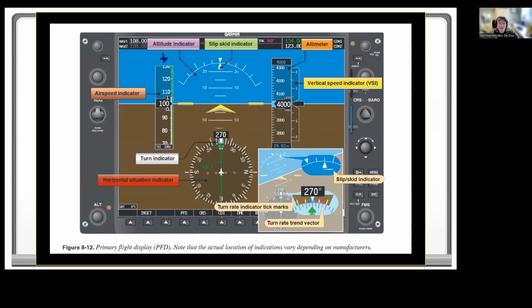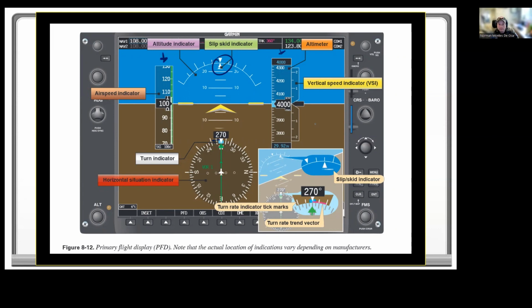It's hard to not notice that you're in a bank because the whole screen is telling you information about whether or not you are nose high, nose low, or in a bank. You've got your slip skid indicator here, and then your turn indicator is here. This will tell you if you're in a half standard or a standard rate turn.